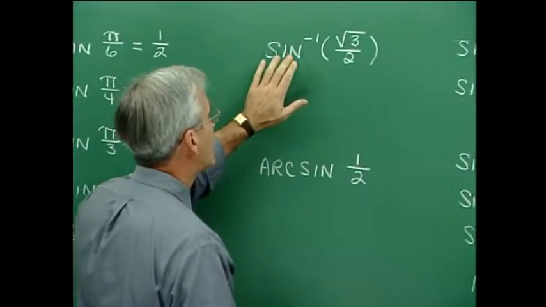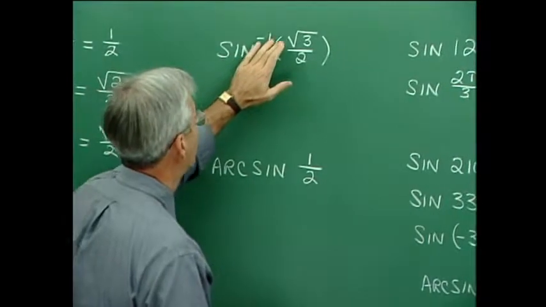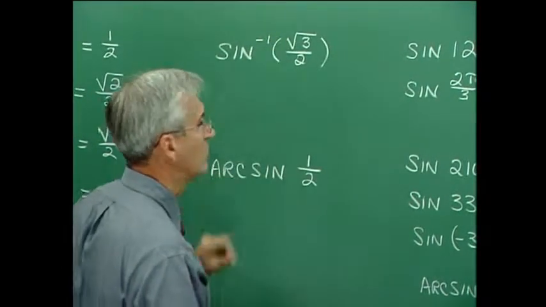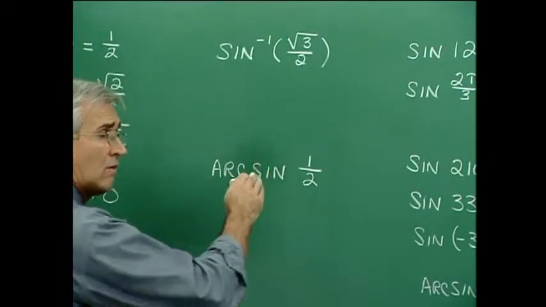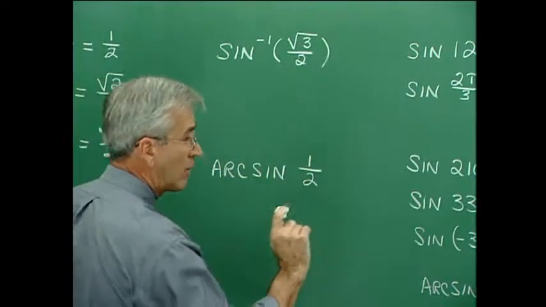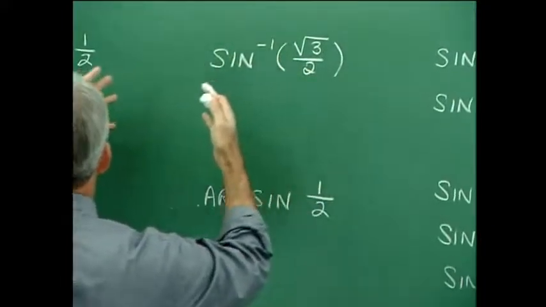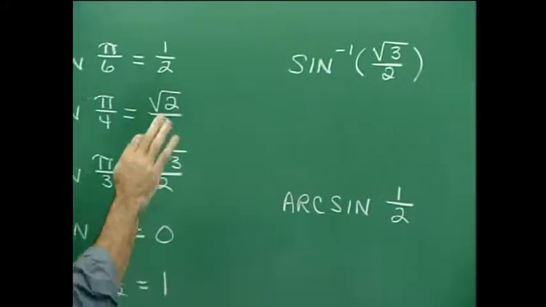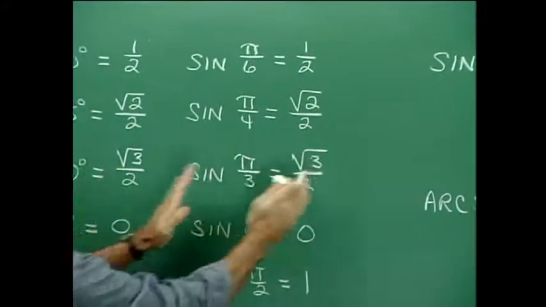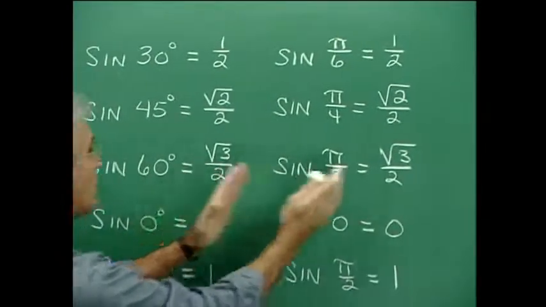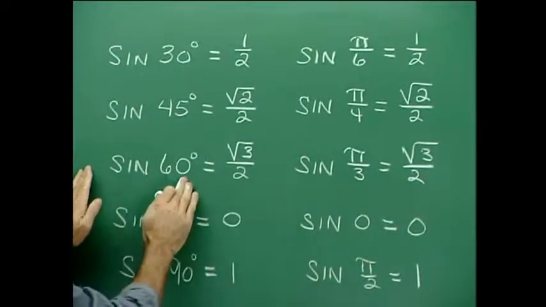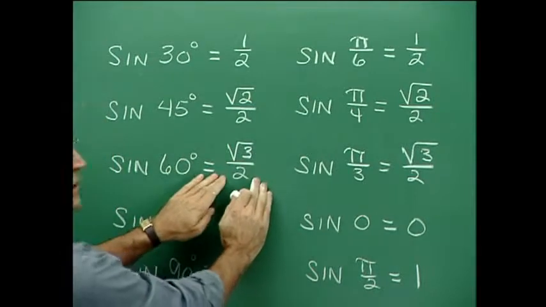We want the inverse sine of the square root of 3 over 2. This is a request for an angle or a real number whose sine is this value. So we come over here to this list and we look for the square root of 3 over 2 as the sine of some angle. We see it here, we see it here. So the sine of 60 degrees is the square root of 3 over 2.